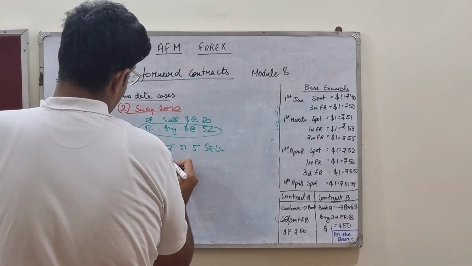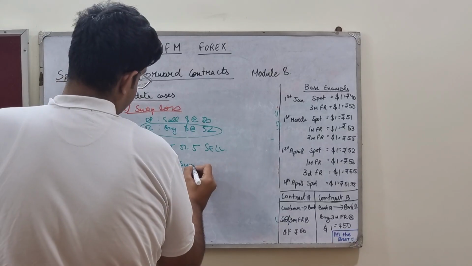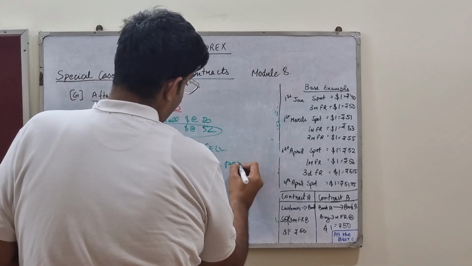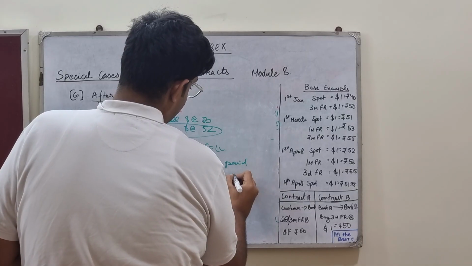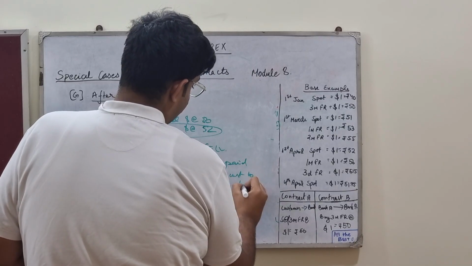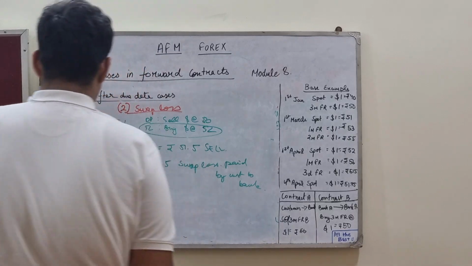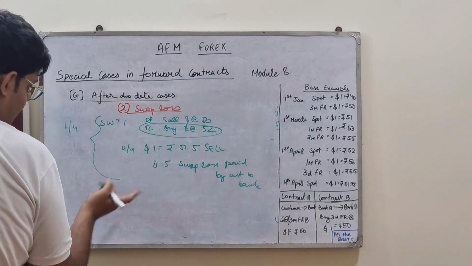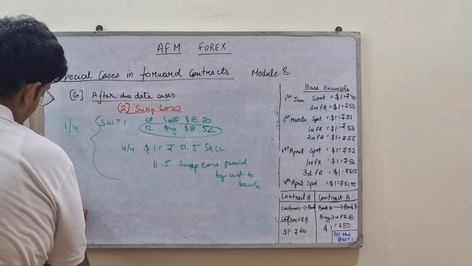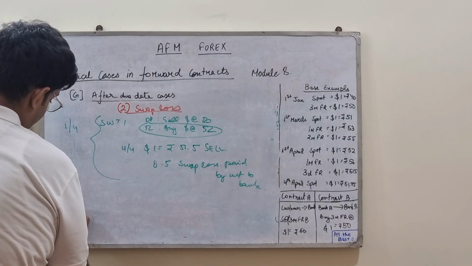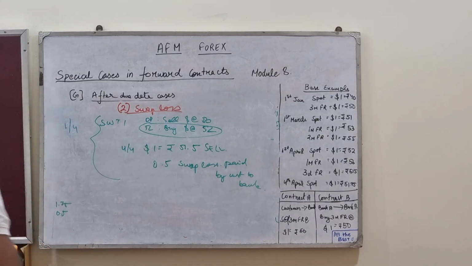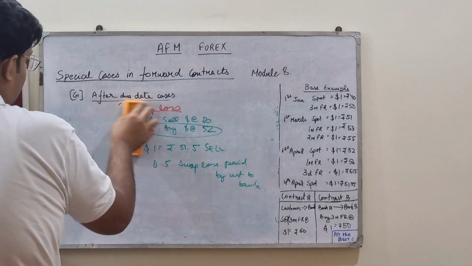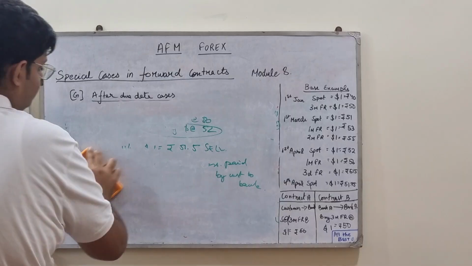So 0.5 is the swap loss to be paid by the customer to the bank. Okay, so till now the customer has to pay 1.75 in the first step, now 0.5, and it's going to keep going up. Alright, so this is the second part.